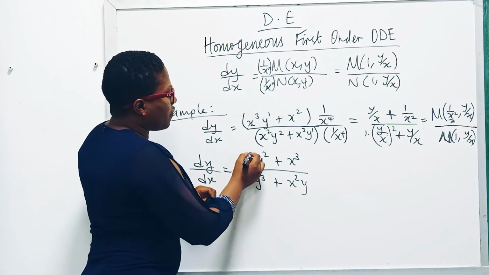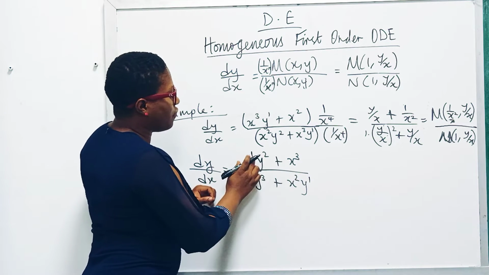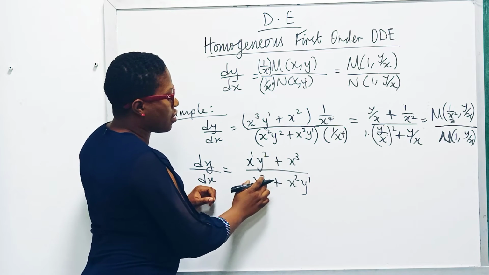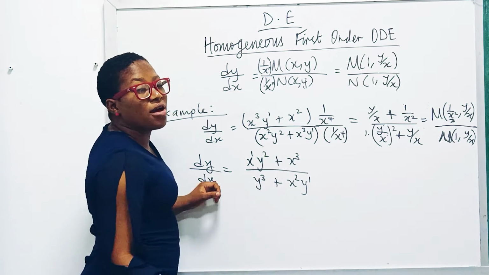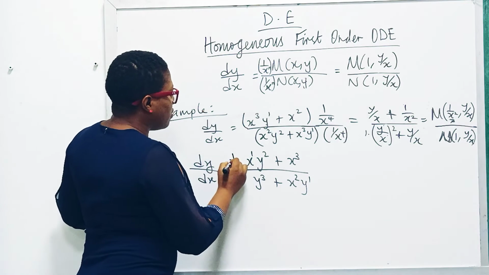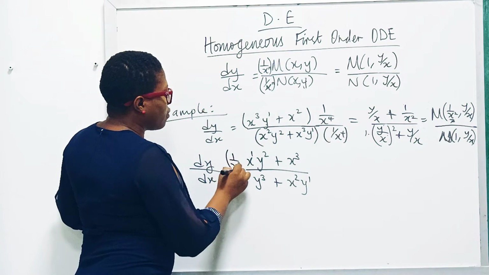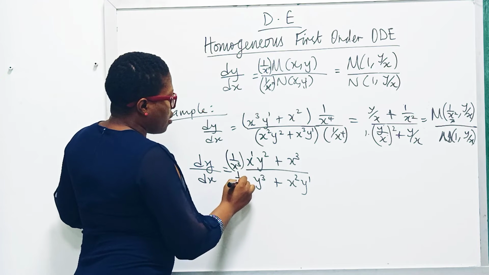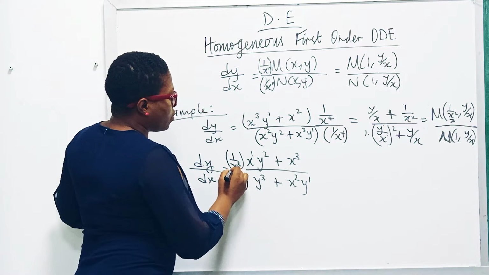Let me give you an example of one that is homogeneous. So, if I sum their powers, I have 3, 3, 3, 3. I can already see that it's homogeneous, but if I want to check, I'll multiply it through by 1 over x raised to power 3, both the numerator and the denominator.